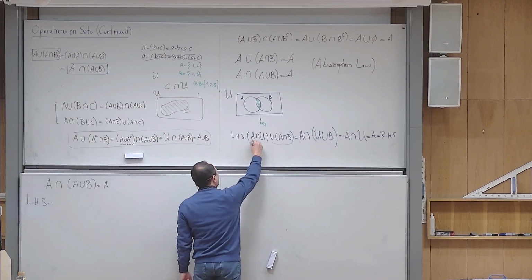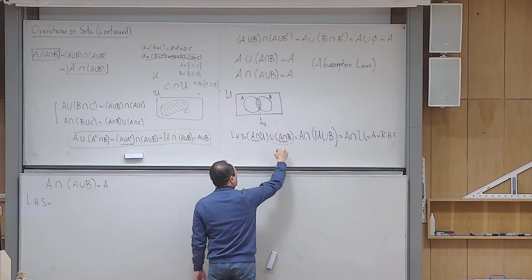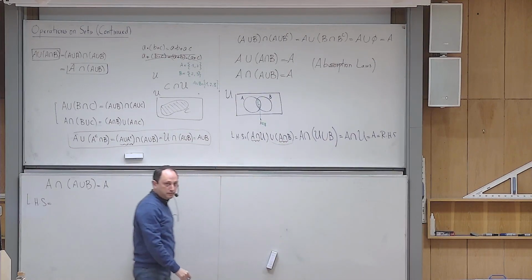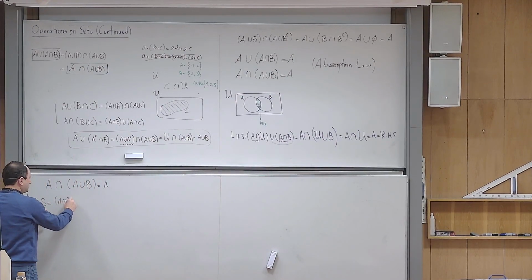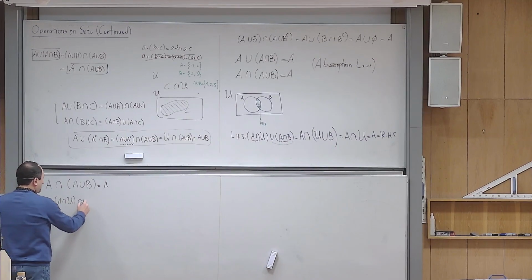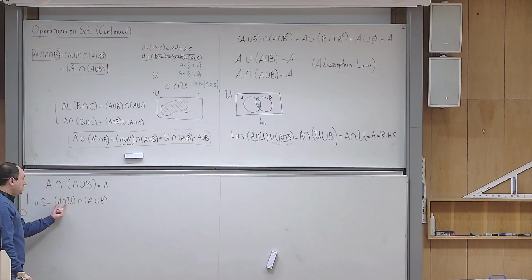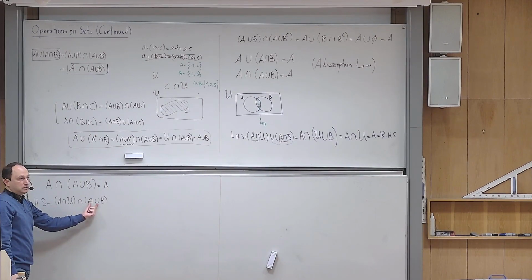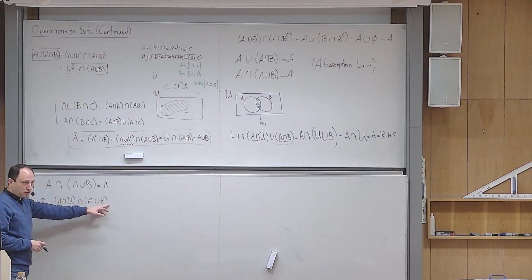Because then I realized that A intersection here and then A intersection here are in common, so I can factor it out. Of course, in this case, I can also write A intersection U. That is not wrong, but this is useless. Why? Because here now I have A intersection, here I have A union, so I cannot factor something out. Is that clear? So even if what you write is true, it is not working.